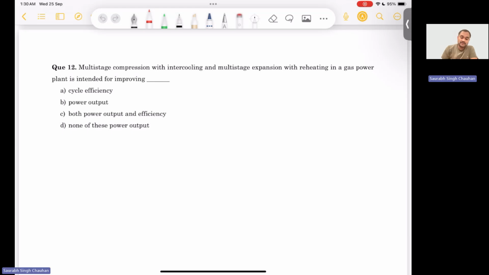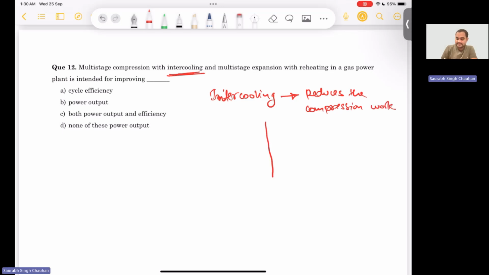Okay, intercooling we have already discussed, right? So intercooling, it reduces the compression work. Okay, and we also discussed this concept with the help of TS diagram.